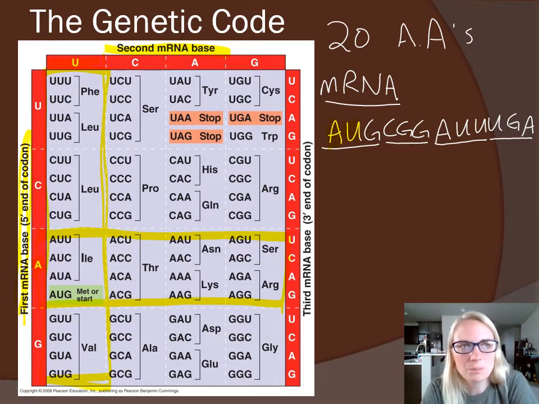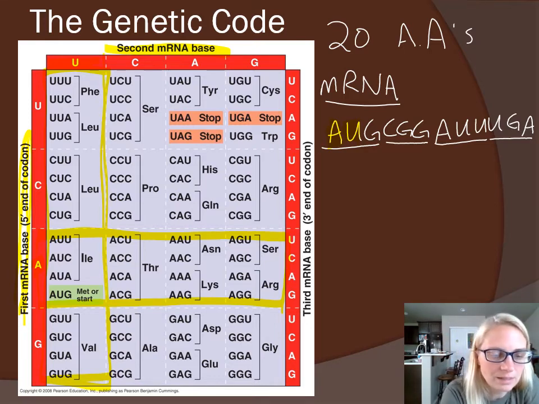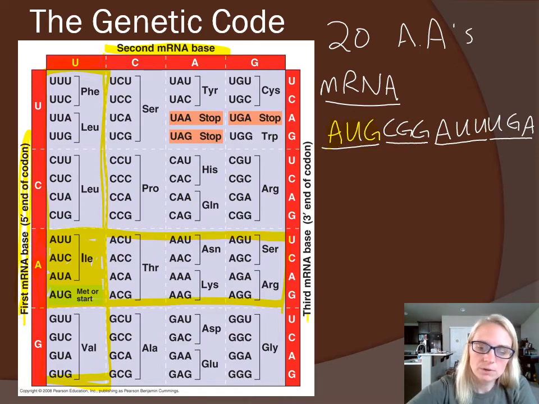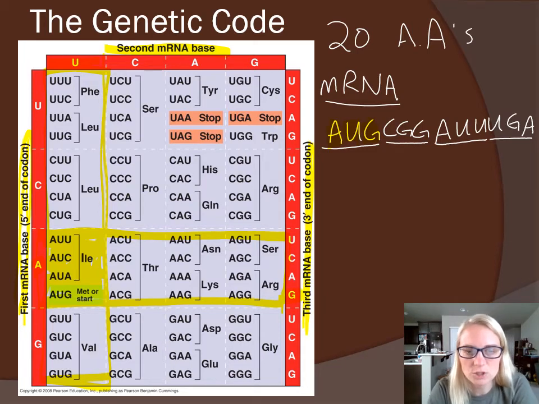So it's almost like a multiplication table. We've highlighted this box right here, so all of the codons in this box have AU. Then if we take a look at the last letter, G, we come over to this part of the table and we find G. I'm going to get a different color because I've got too much yellow going on.